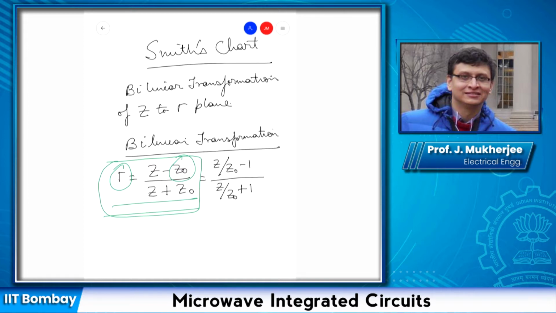But yes, that's also true. Ultimately, what happens is the impedance Z is transformed from the impedance domain to the reflection coefficient domain.